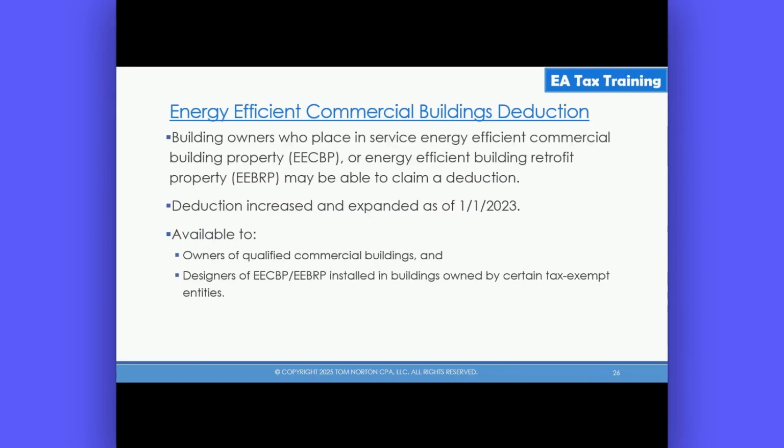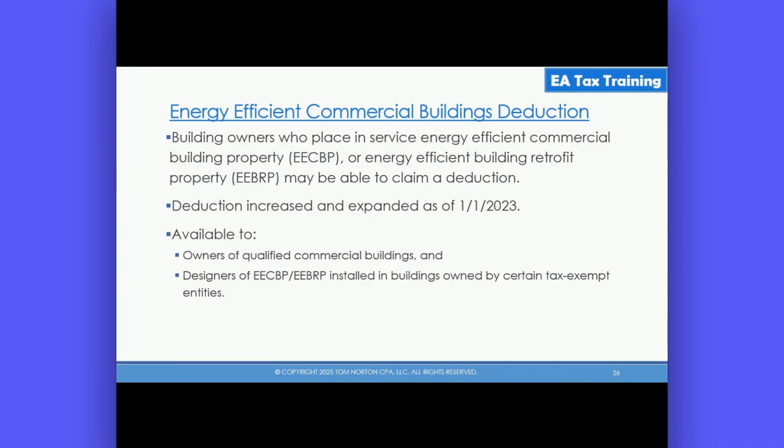The energy efficient commercial buildings deduction. So building owners who place in service energy efficient commercial building property or energy efficient building retrofit property may be able to claim a deduction for that. This deduction has been around for several years, but it was increased and expanded in 2023. So obviously in 2024, it is still there.